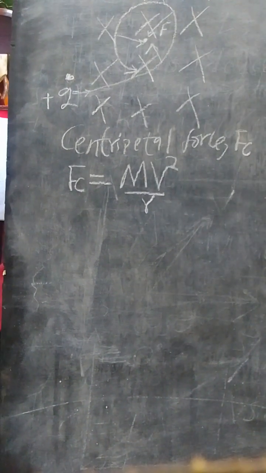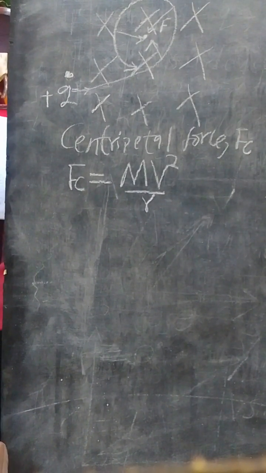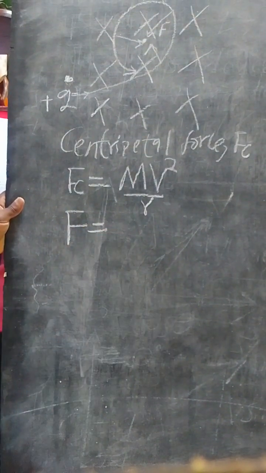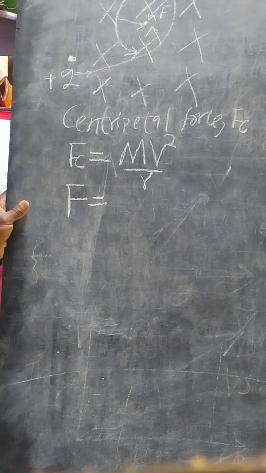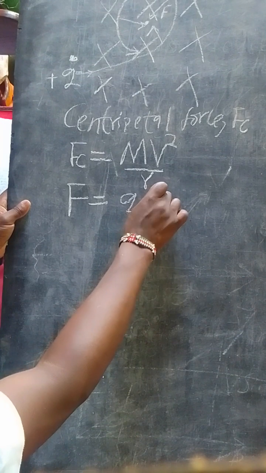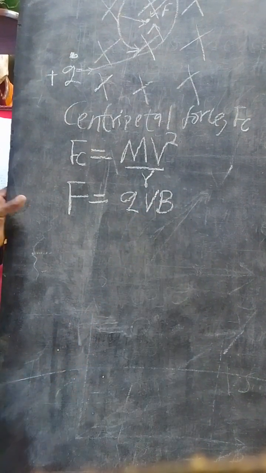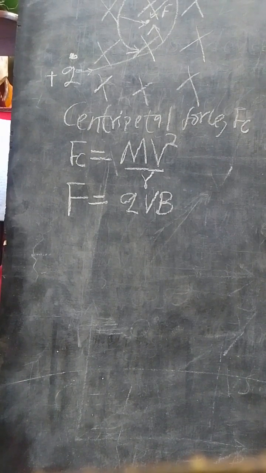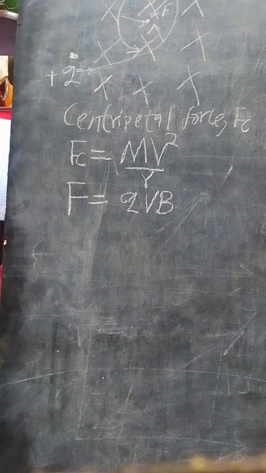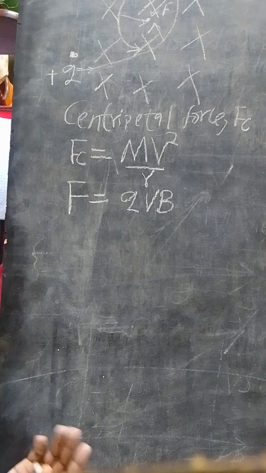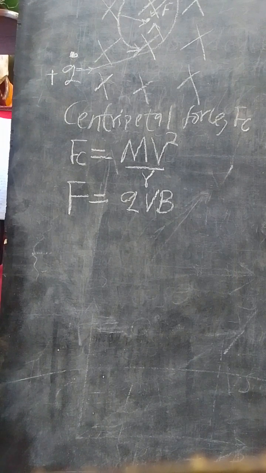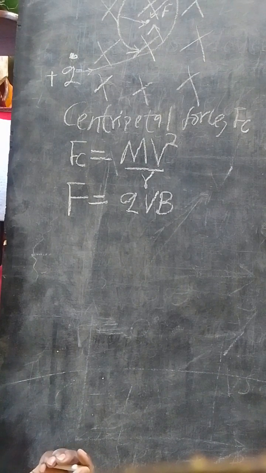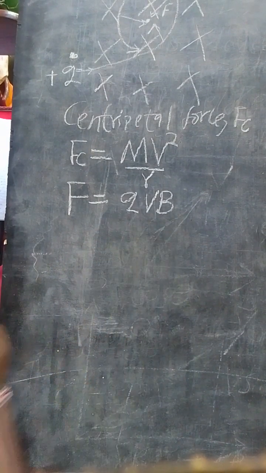Because this charge will experience the force that we derived earlier, remember we said the force due to the magnetic field on a charged particle is normally given as QVB. That is if it is moving in a direction perpendicular to the direction of a magnetic field. But if it is cutting through at an angle, it will be QVB sine theta. But if theta is 90 degrees, then sine theta is 1. So we will maintain our formula this way.